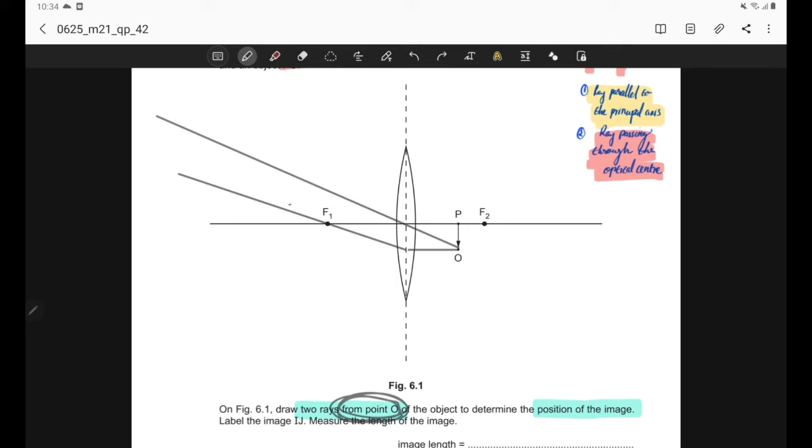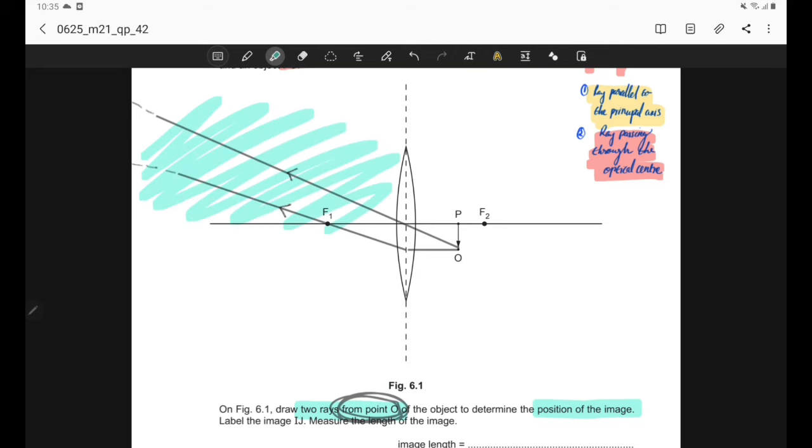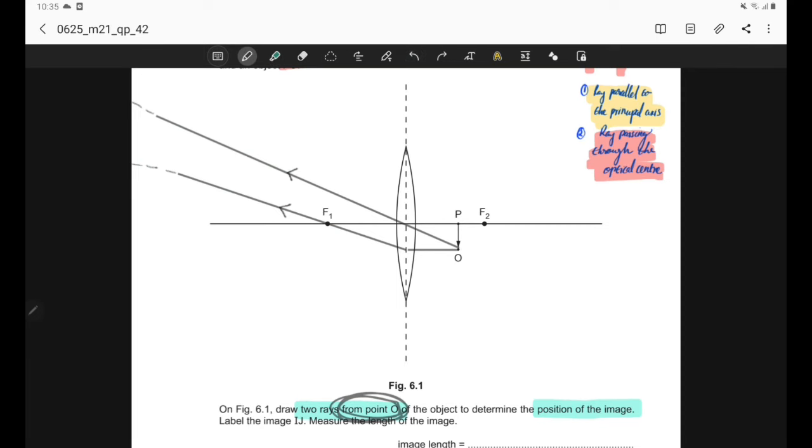As we know, these rays will be moving in this direction, and an image will be formed at the point where these rays intersect. But looking at this picture, it's clear that these lines will not intersect because they are moving apart. So the rays are not going to intersect at this side of the lens. We are not going to get a real image, but we will get a virtual image at the other side of the lens.